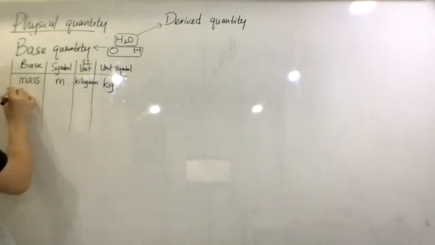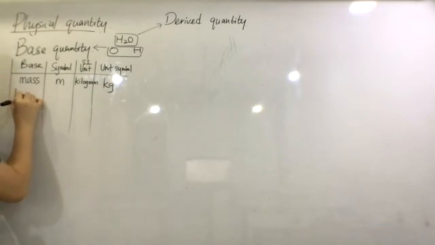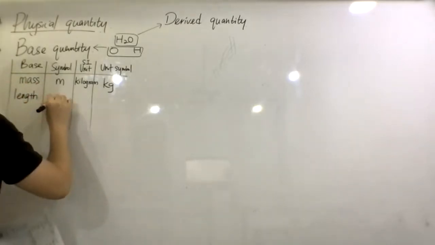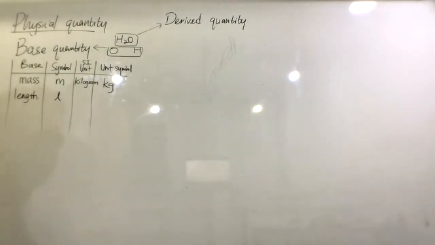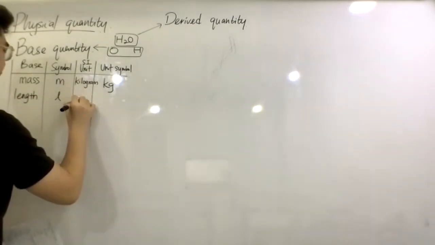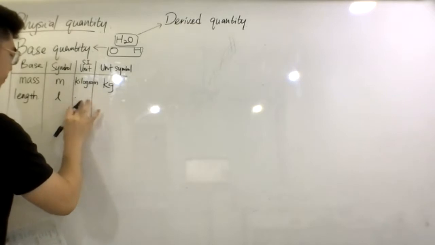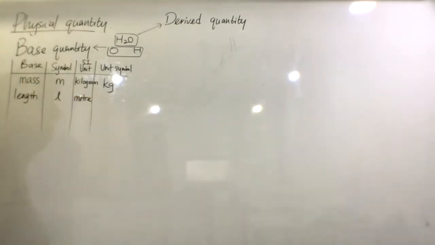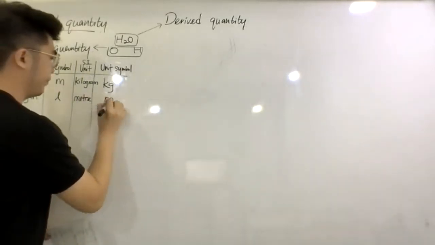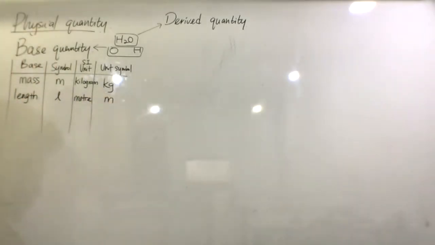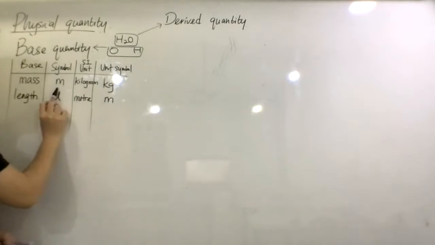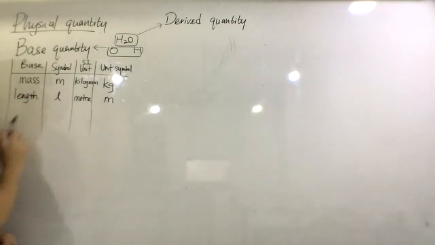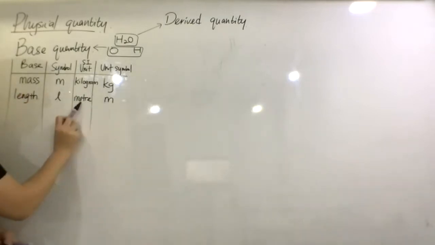Second one, what else? Length. Symbol, L. SI unit, meter. Unit symbol, okay, so m. Be careful with the unit symbol and the symbol for the physical quantity. This one stands for the mass, this one stands for the unit.